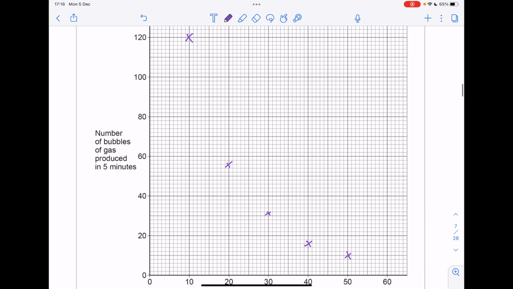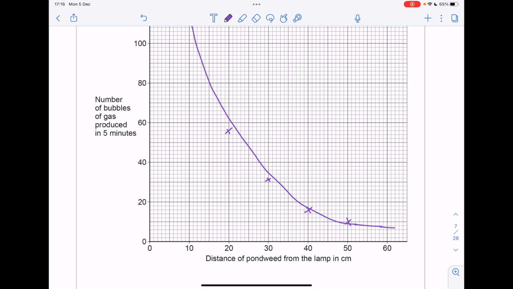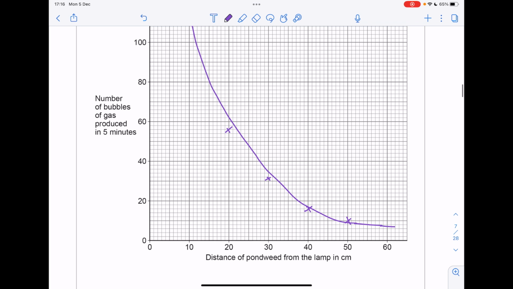So you want a curved line of best fit passing through. So I've drawn my line of best fit there.